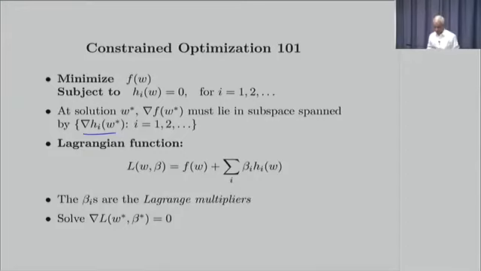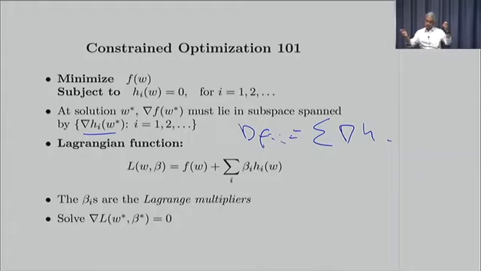If this is the case, the gradient of the function is a linear combination of the gradients of the constraint functions. Another way to say the same thing is to define a new function, the famous Lagrangian function, denoted by L, that is just the function plus a linear combination.